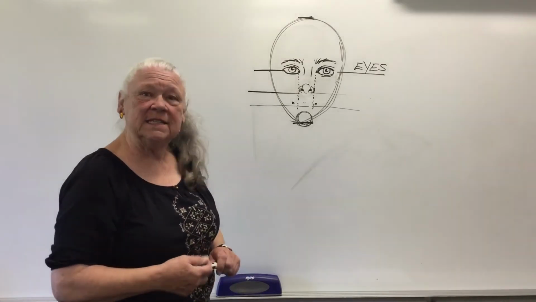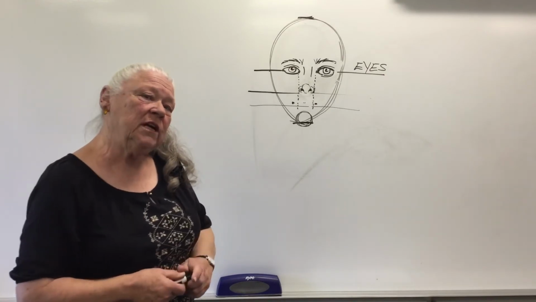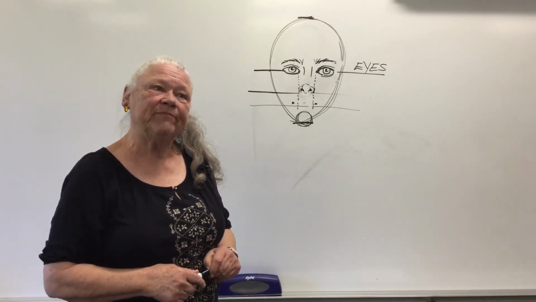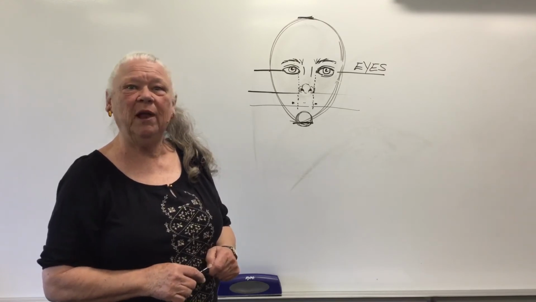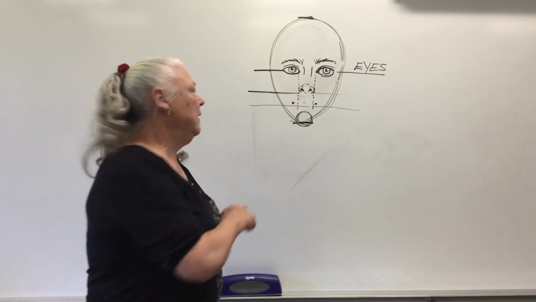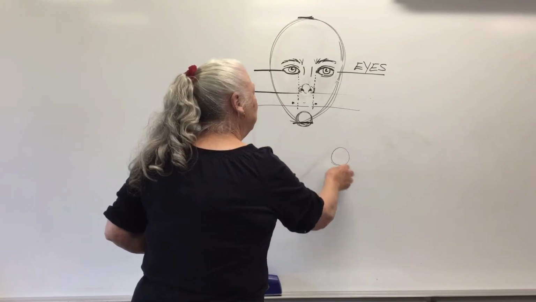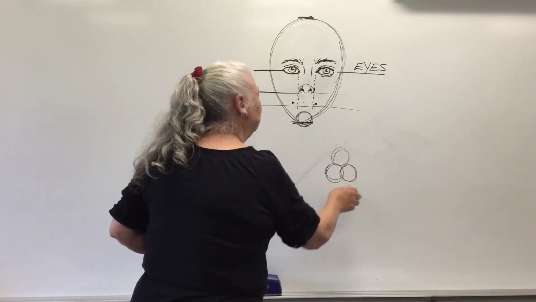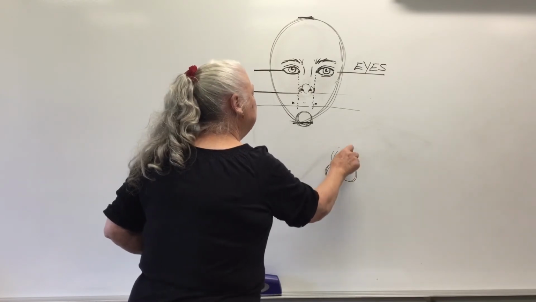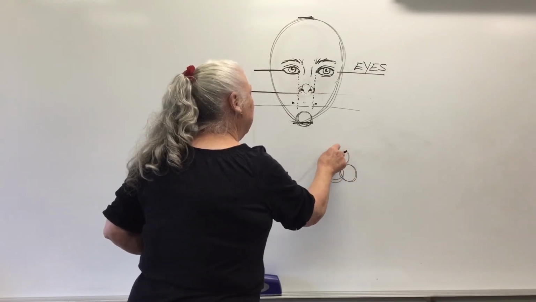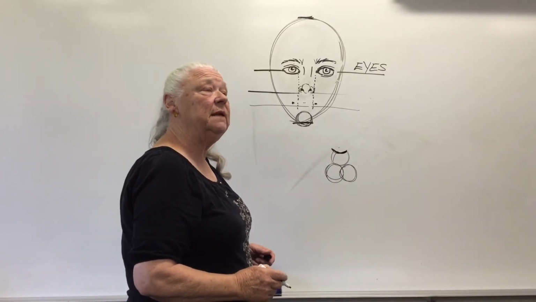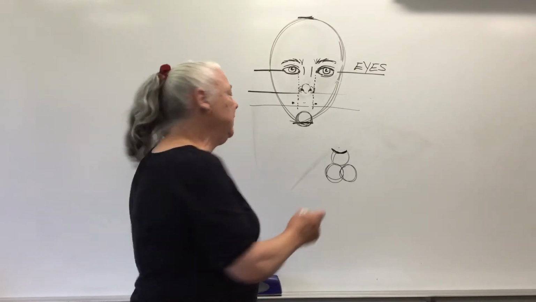The next thing is the mouth. When you look into the mirror at your mouth, ask yourself the question, is my upper lip bigger or smaller than my lower lip? Also, you might start out with drawing 3 circles, like this. Then we have a dip here, and you can ask yourself, are my lips like mountain peaks or rolling hills?